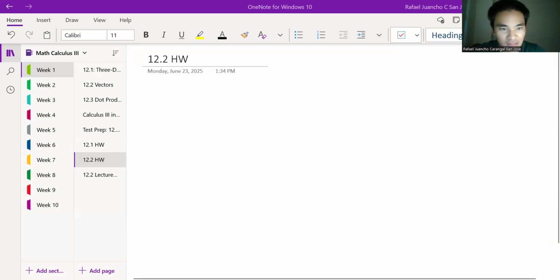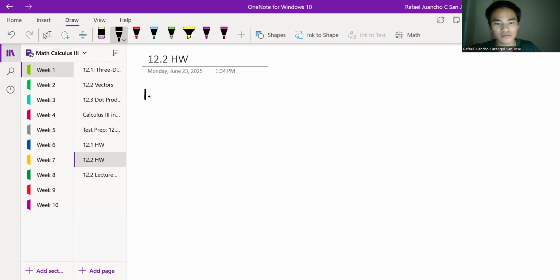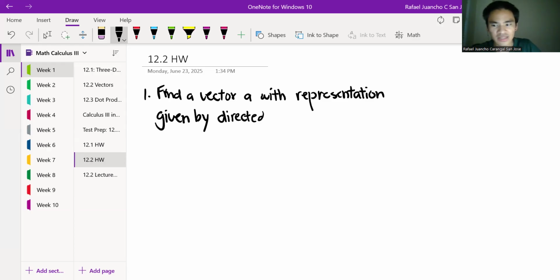So yeah, let's get going. So number one, we have to find a vector A with representation given by directed line segment AB.